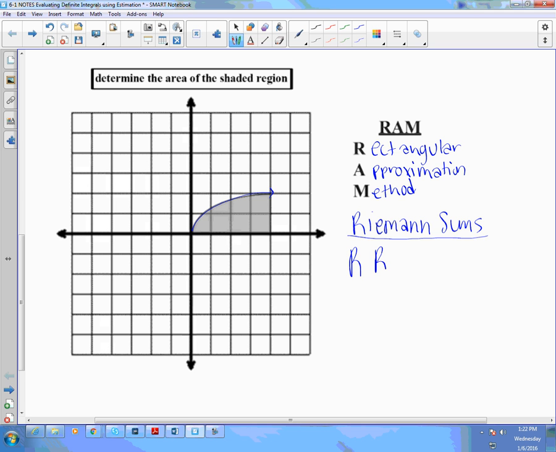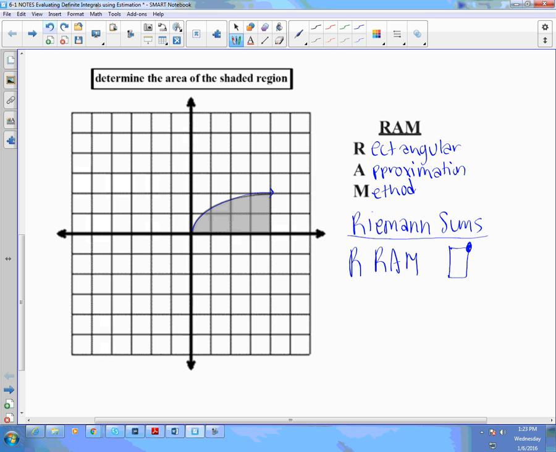We can do it by a right rectangular approximation method, which would mean on a rectangle, we're going to be lining up the top right corner on the curve.